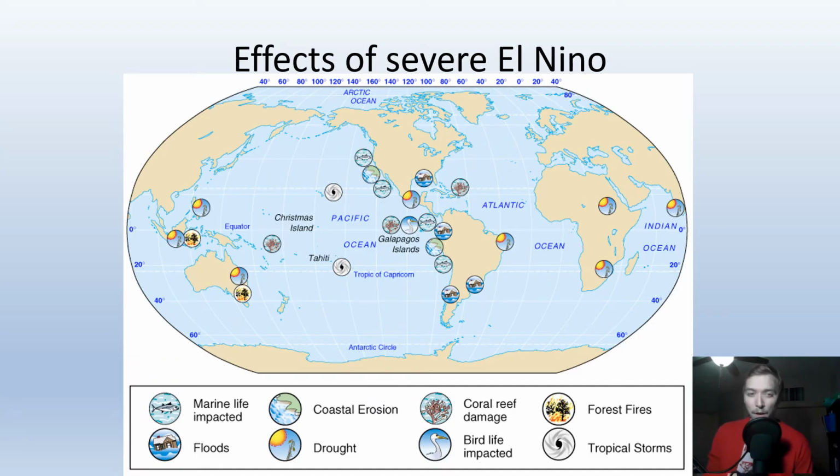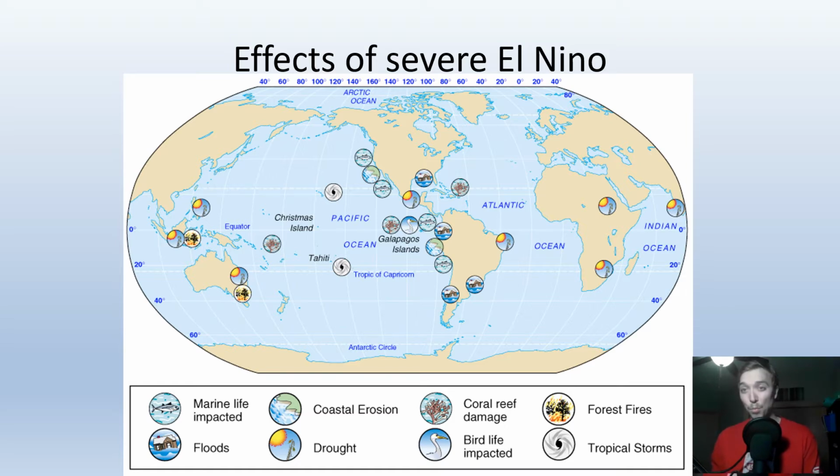In severe El Niños, we can see the effects on a global perspective. We see drought throughout Africa and India and Central America, the East Coast of South America, throughout Indonesia and the South Pacific. We see severe coastal erosion along California, Washington, Oregon, British Columbia.